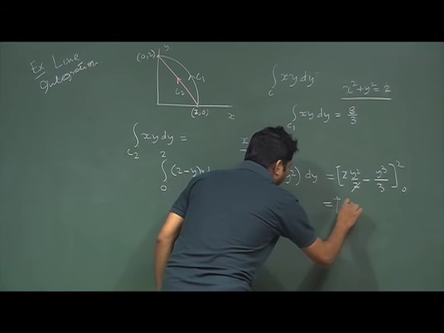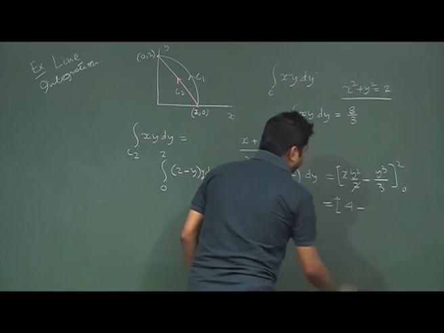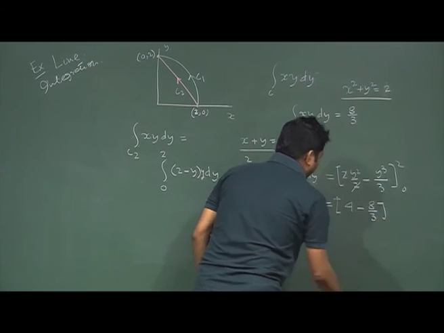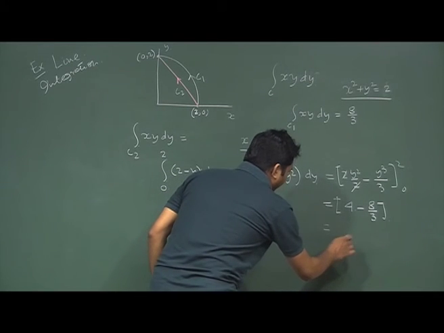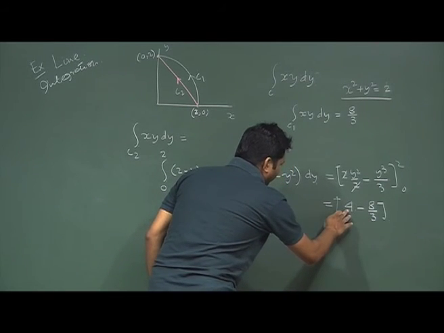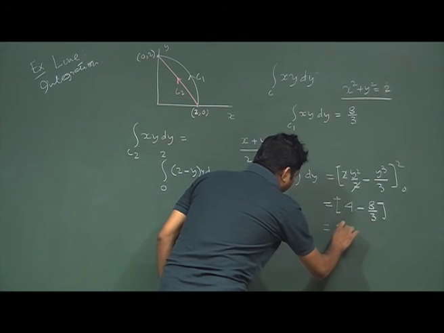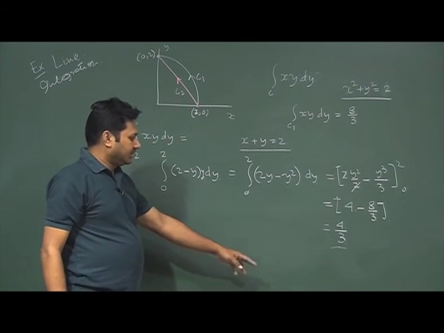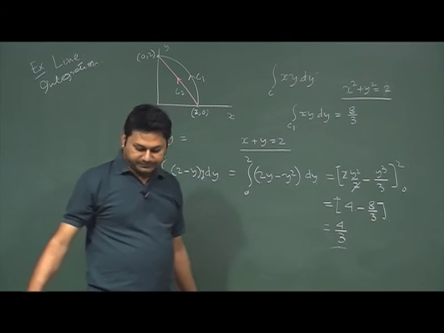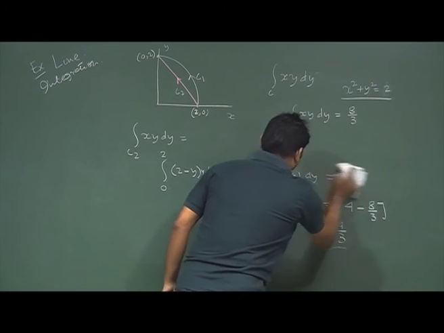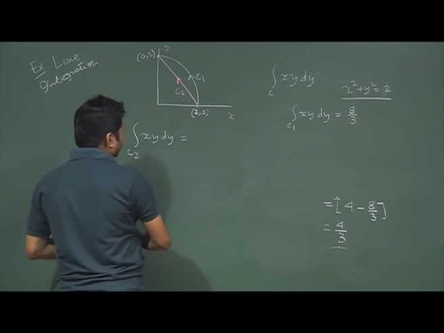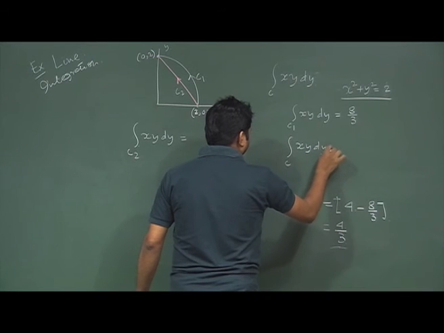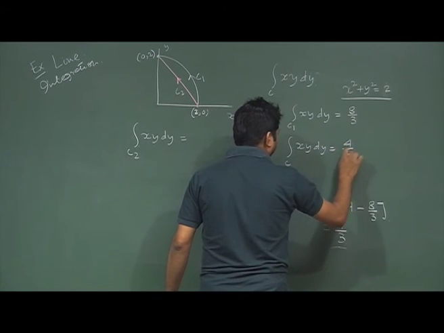So I will have 4 minus 8 by 3. So it is 3 into 4, 12, minus 8, so 4 by 3. So for the path C2, this value is now different. For C1 this value is 8 by 3, and for the C2 path this value turns out to be 4 by 3.